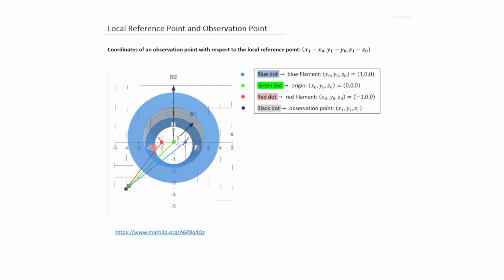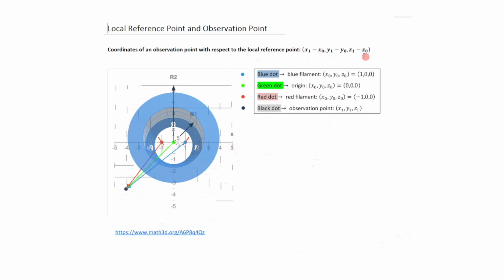So there are three different paths that we're looking at depending on which one of the objects we're concerned about. The coordinates of an observation point with respect to the local reference point, the local reference point being this or this or this, is just the difference between the positions of the two. So for instance, the coordinates of the observation point will be x1, y1, z1, which is shown here. And the coordinates of the local reference point, so you have three possible reference points, are x0, y0, z0.